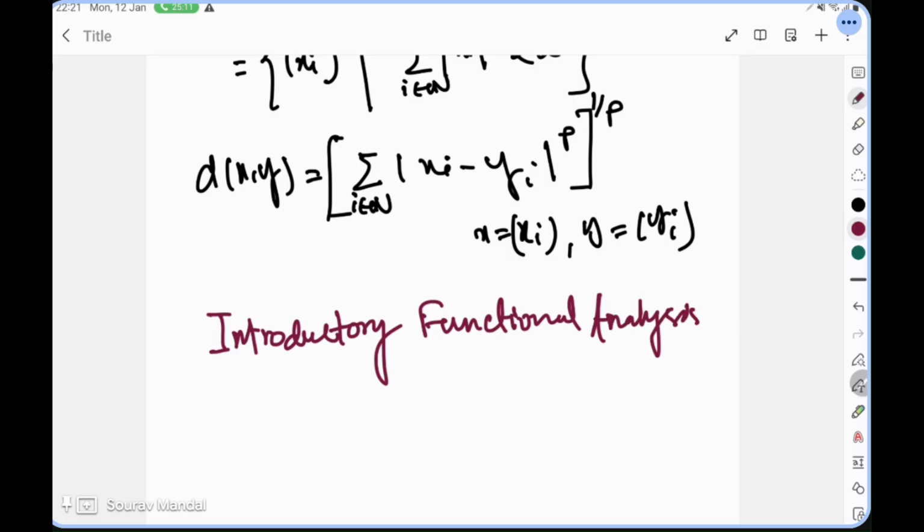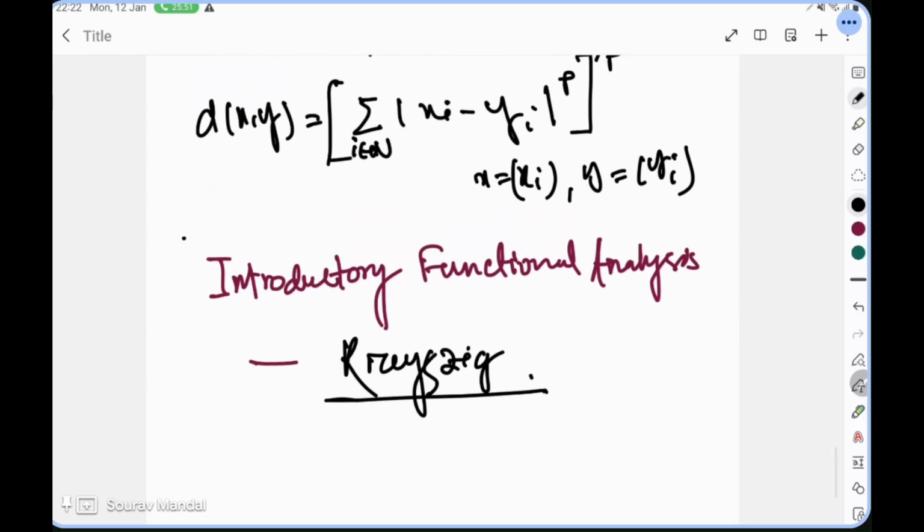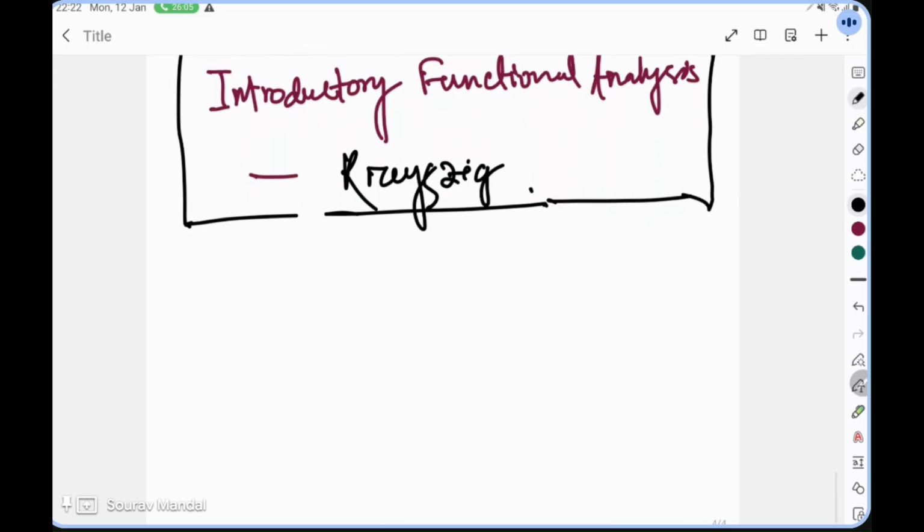It is a very good book for beginners of functional analysis. The PDF file is also available on the internet, so you can access the soft copy also.